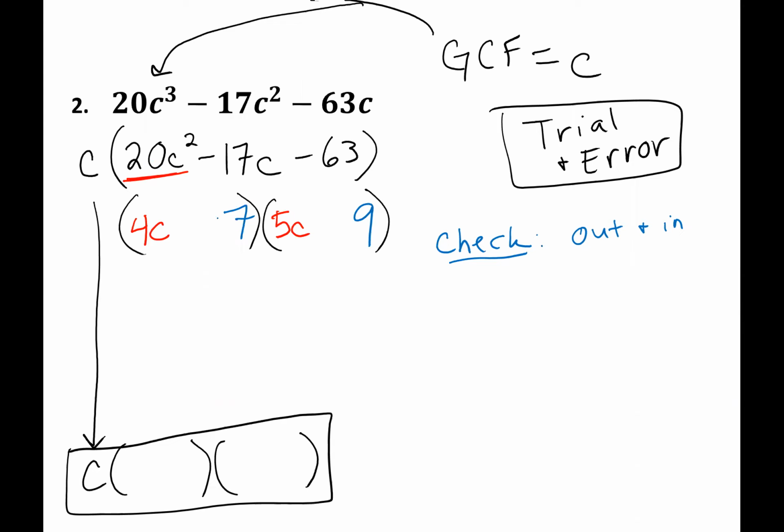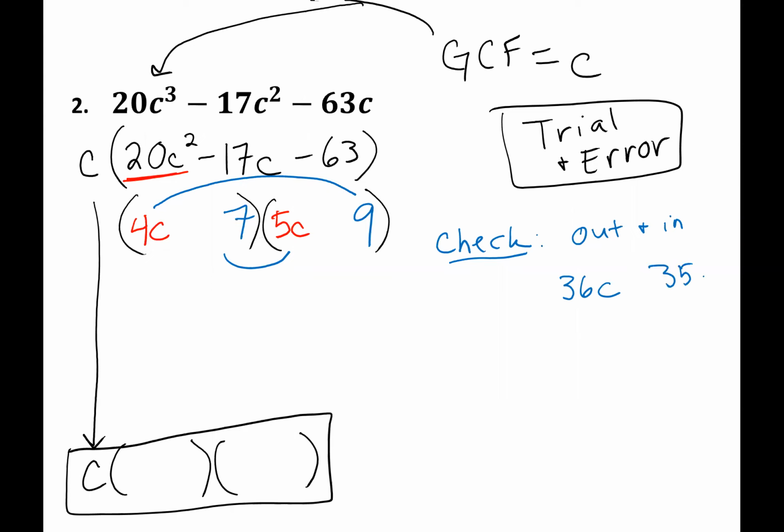As long as I choose one positive and one negative, I know that will work for the 7 and 9 multiplying to 63. It's the -17 in the middle I really need to check. So I'm going to check the outside terms and the inside terms. So 4c times 9, that's 36c. 7 times 5c, that's 35c.